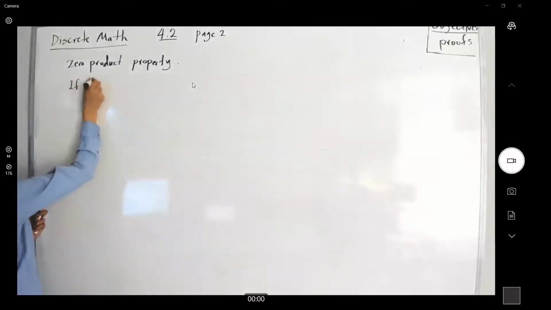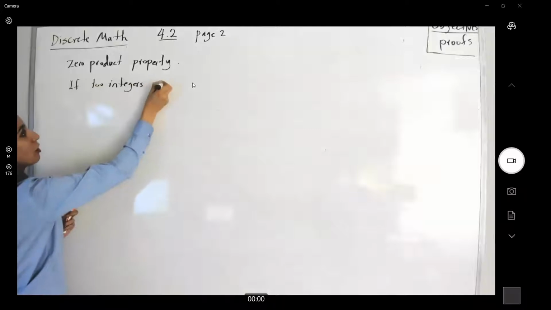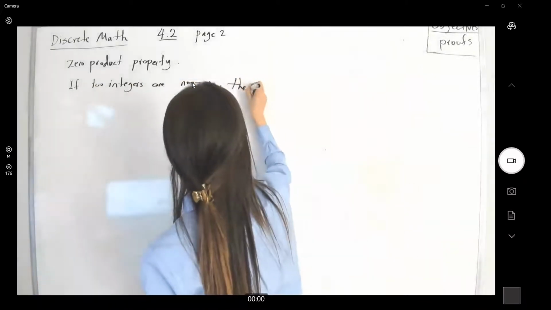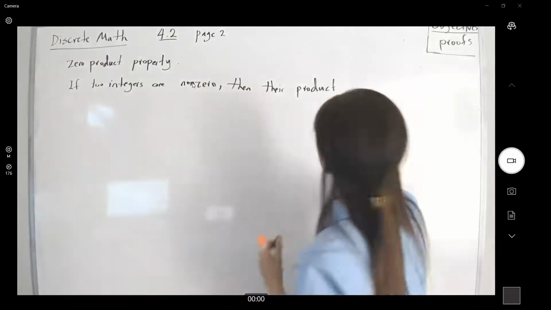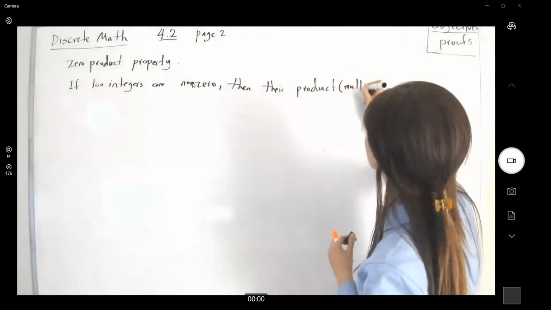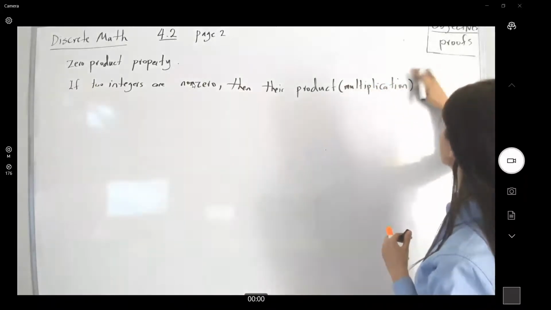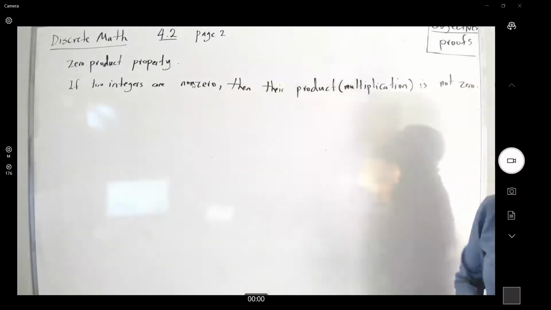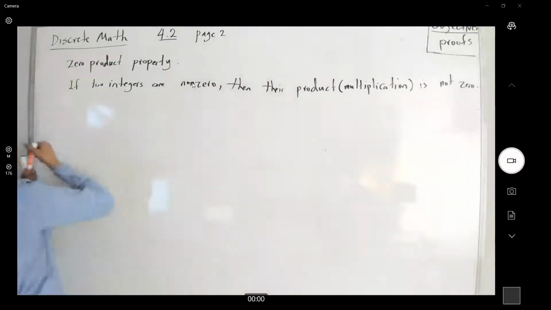If two integers are non-zero, then their product, or their multiplication, is not zero. So we have a name for this property and we call it zero product property.